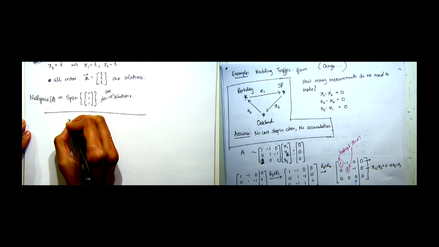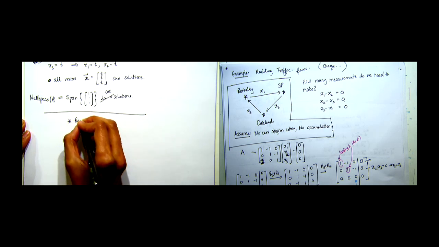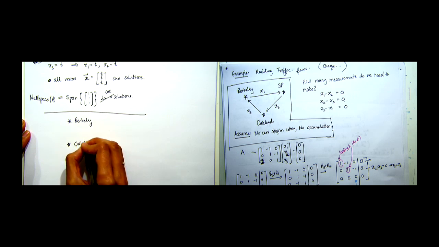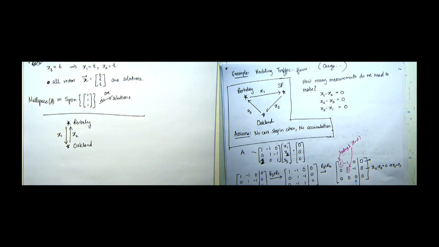But before we get to that, I wanted to think about a different example. So what if now I have my Berkeley and I have Oakland, and let's say I have x1 flow from Berkeley to Oakland, and now I have some flow back, x2.